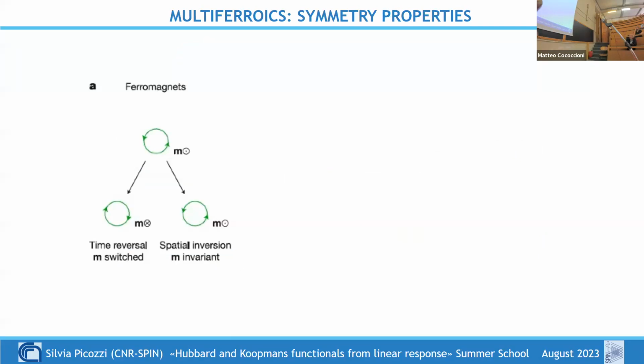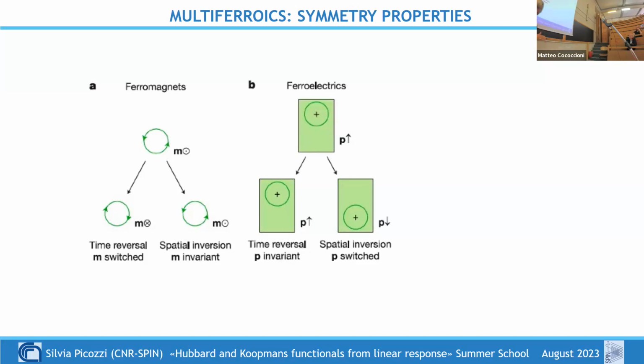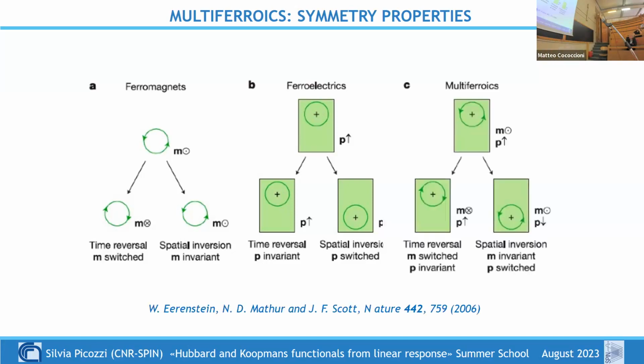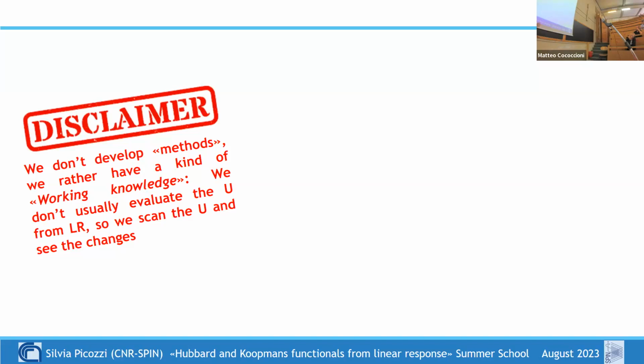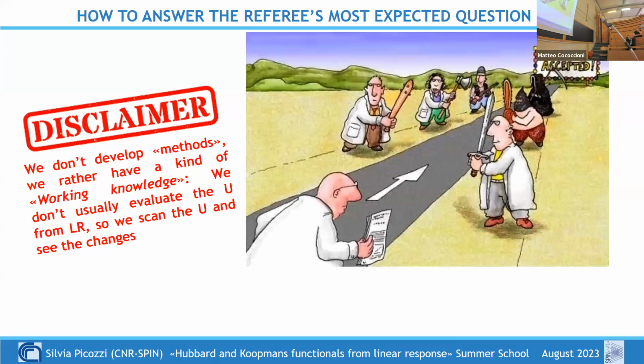From the symmetry point of view, in magnets you break time reversal symmetry and you keep spatial inversion symmetry. In a ferroelectric you do the opposite: you keep time reversal symmetry and you break inversion symmetry in a polar fashion. And in a multiferroic, you break both, right? You have your long range magnetic order, so you break time reversal symmetry, and you have a polarization, so you break spatial inversion symmetry.